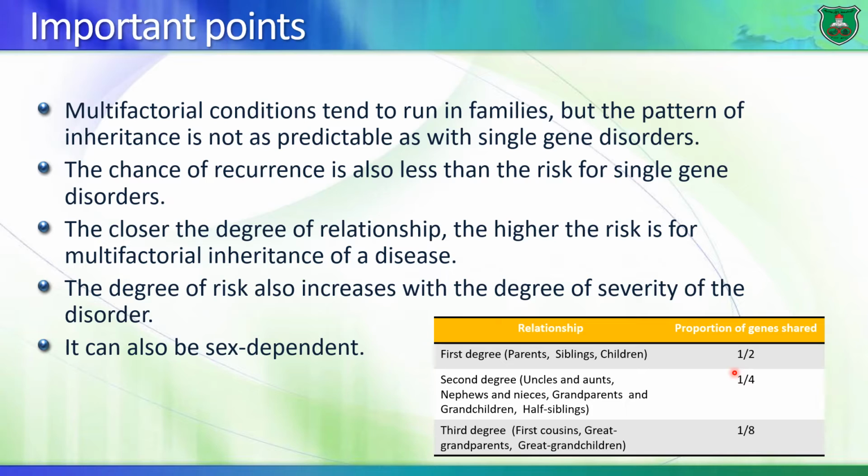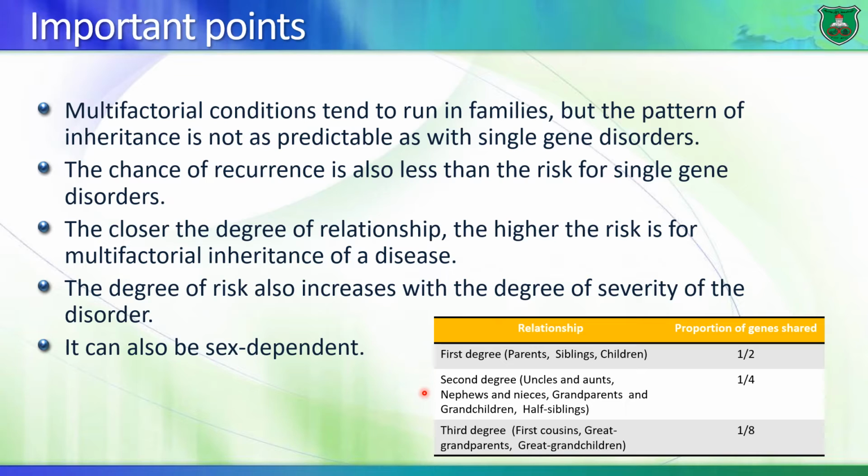Second degree relatives like uncles, aunts, nephews, and nieces share 1/4 of their genotype. Third degree relatives like first cousins, great grandparents, and great grandchildren share 1/8 of their genomes.